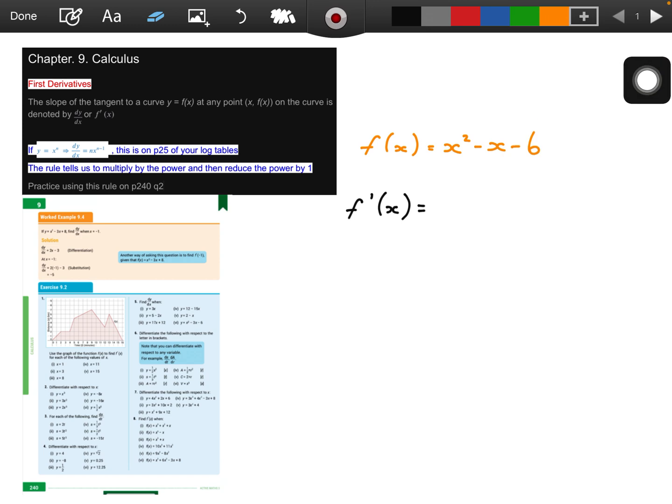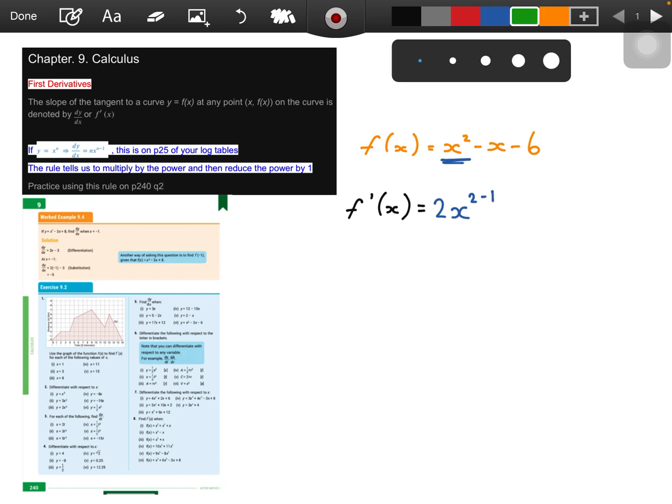Okay, so we can color code this if we want. We need to differentiate every part of this. So my first part is x squared. So what's x squared differentiated? We multiply by the 2, the power. So we get 2x, and then we're going to subtract 1 from the 2.